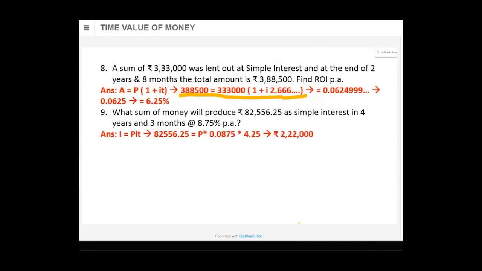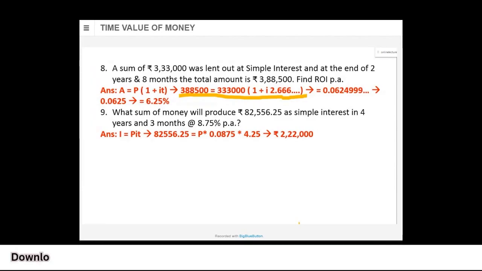Here it is. The answer is on the screen. 2,22,000 is the answer. I is equal to PIT. 82,556.25 is what? Simple interest, it is equal to P into 0.0875, 8.75 per annum, into 4 years and 3 months. 3 months is 3 upon 12, 3 upon 12 is 0.25.